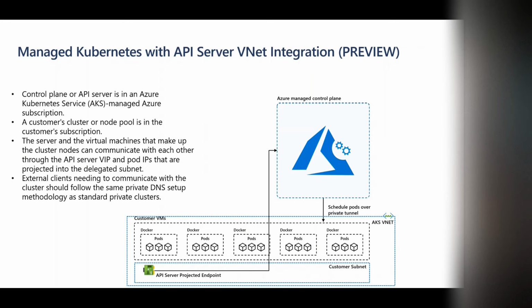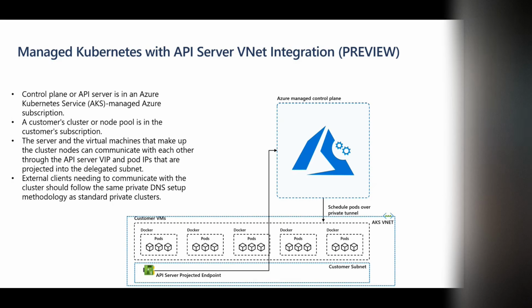When you create your cluster, you are creating a VNet to put the nodes of that cluster in. In that VNet, you will have two subnets. One subnet will host your worker nodes. Those worker nodes will be deployed there, and basically your node pools will be running in that particular subnet.